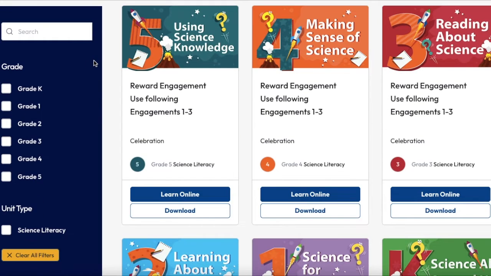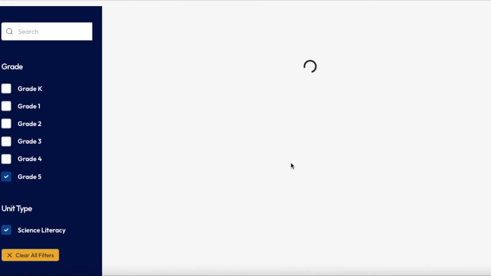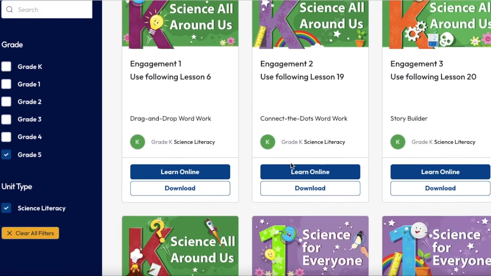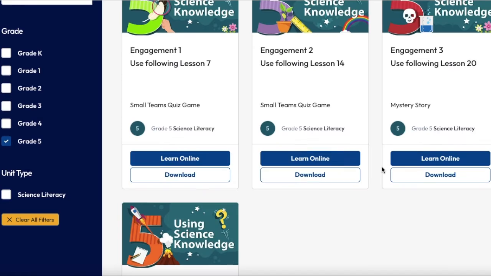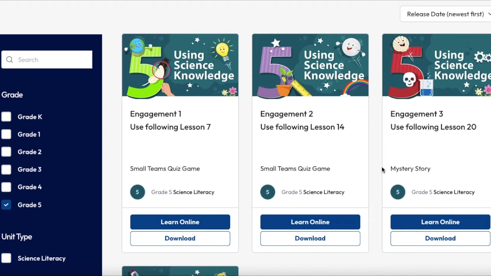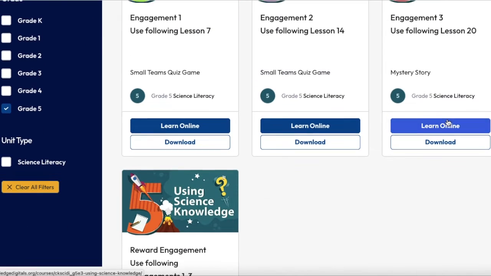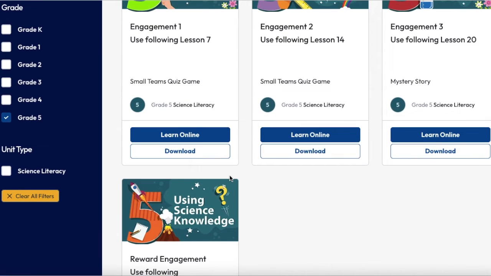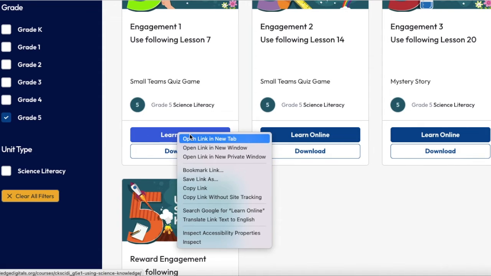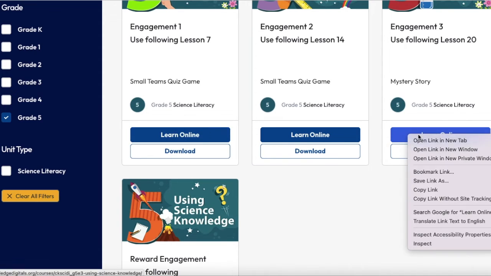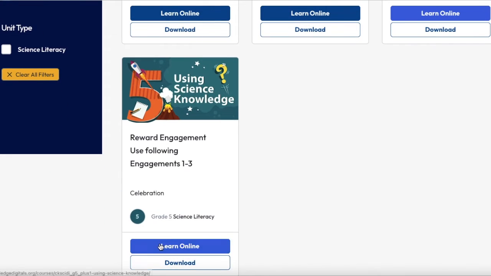So you can see here, if I'm doing grade 5, science literacy, there we go. These are the options. Obviously, you're going to have more options with the younger kids than the older kids. But quiz game, mystery story, and then an engagement celebration activity. So let's look at the quiz game, the mystery story, and the celebration.